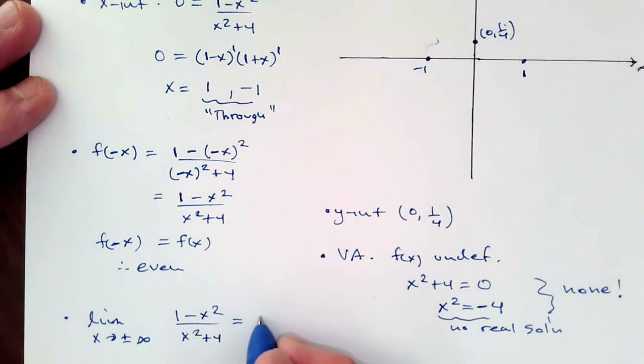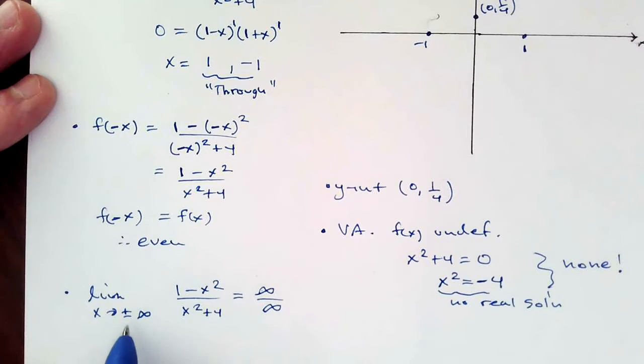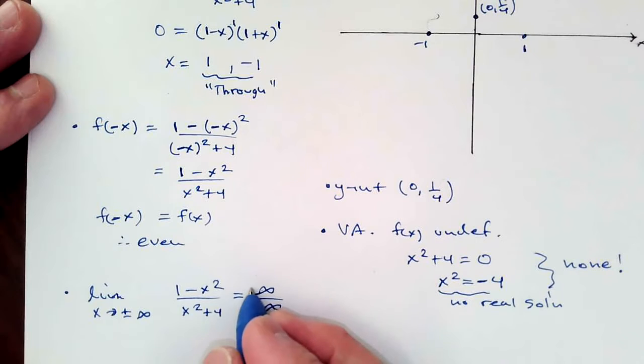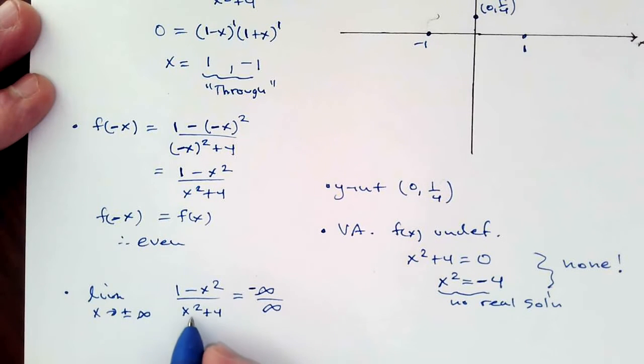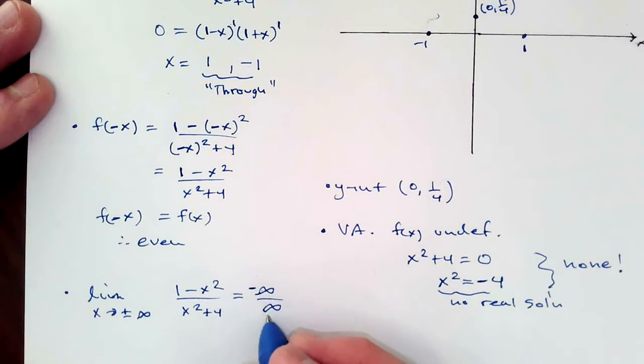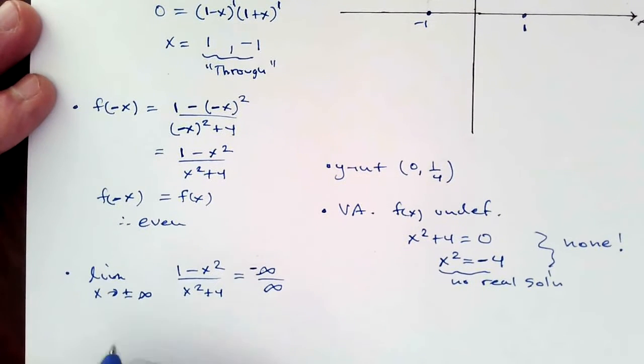So this is going to give me some kind of infinity over infinity. Although maybe you can kind of tell here, if x went to +infinity, 1 minus infinity squared is going to make this actually -infinity. And if I plug in either one, plus or minus infinity, this is going to be infinity on the bottom. So you can tell I should be getting a negative answer.